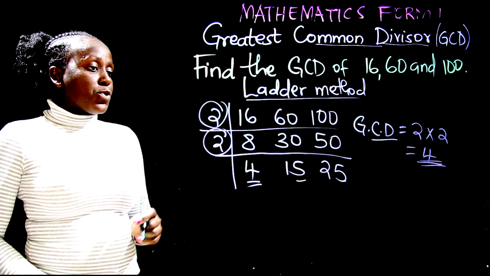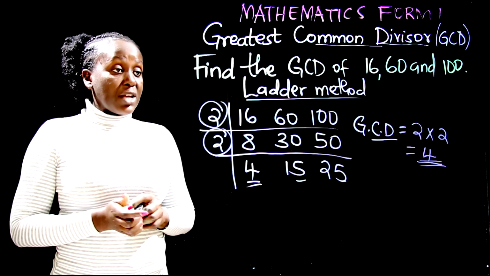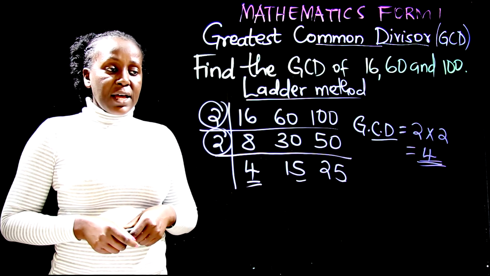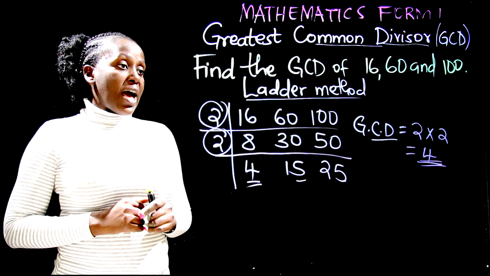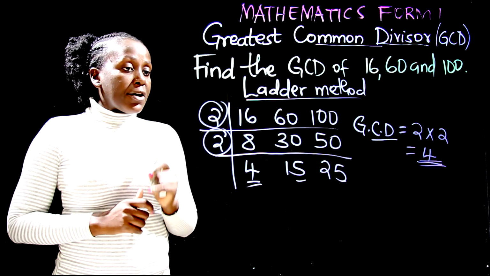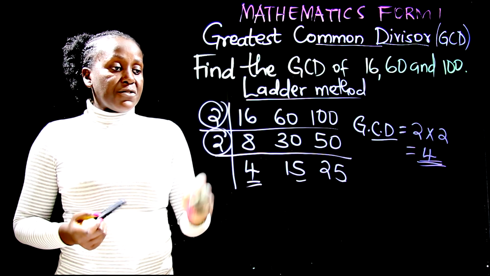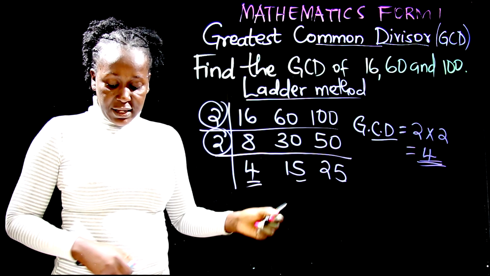So now I'll give you a question that you are going to attempt and test yourself whether you can get the G.C.D or the highest common factor, either by listing their factors and choosing the highest common factor, or by using the ladder method where you do successive division and get the greatest common divisor.